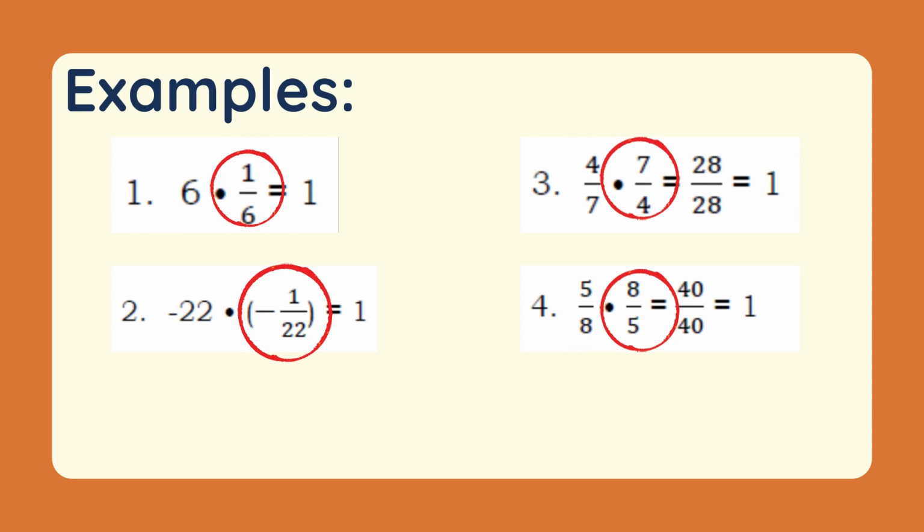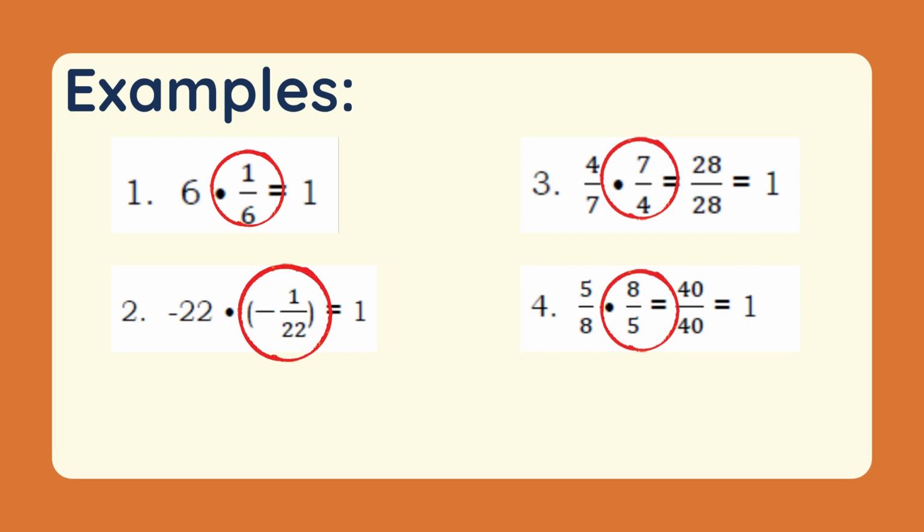So let's have the following examples. For number 1, we have 6 times 1 over 6. The reciprocal of 6 is 1 over 6. Number 2, the reciprocal of negative 22 is negative 1 over 22. Take a look at the pattern, okay? For number 3, we are given a fraction which is 4 over 7. And its reciprocal is 7 over 4.